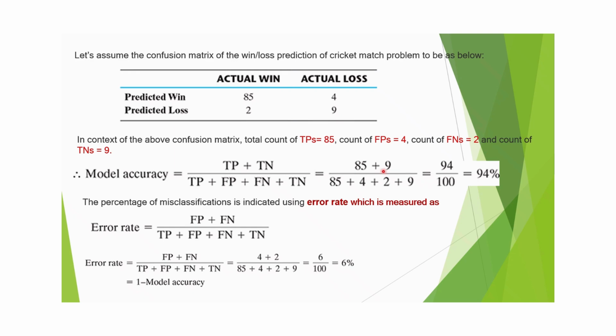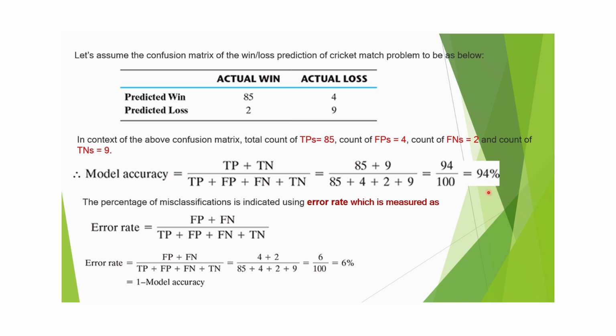Let us take this confusion matrix where the values of true positives, false positives, false negatives and true negatives are given. By using these values, we can calculate the model accuracy in this way, and here we are getting an accuracy of 94%.